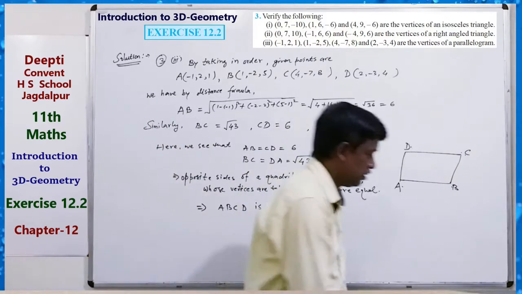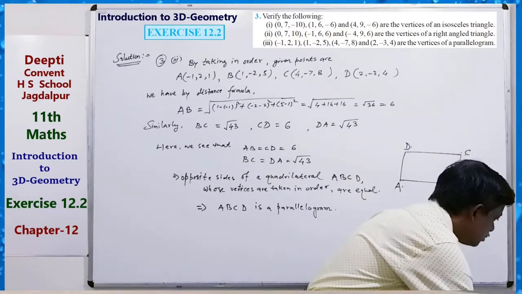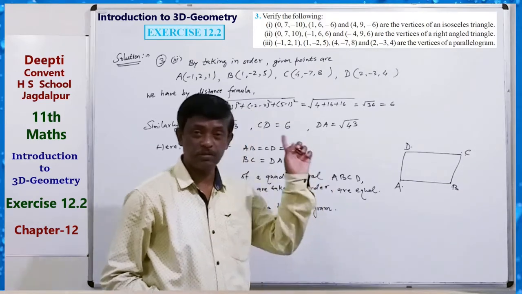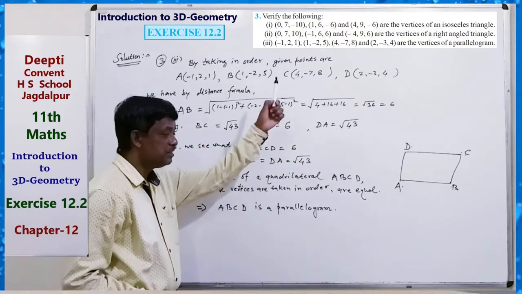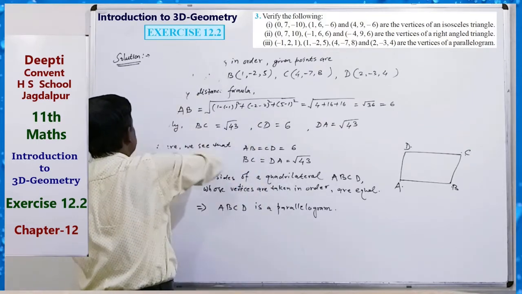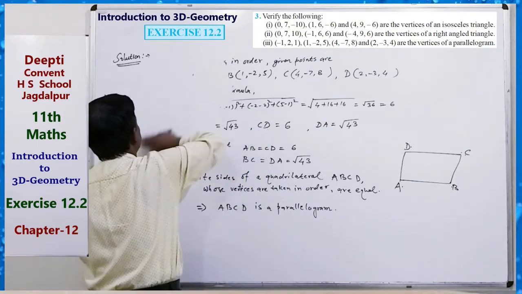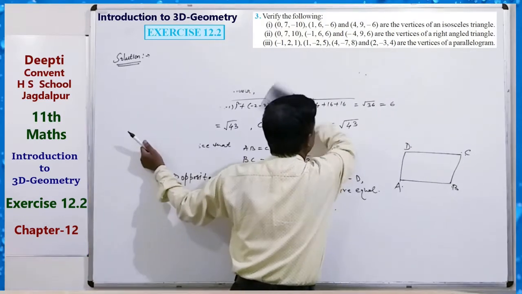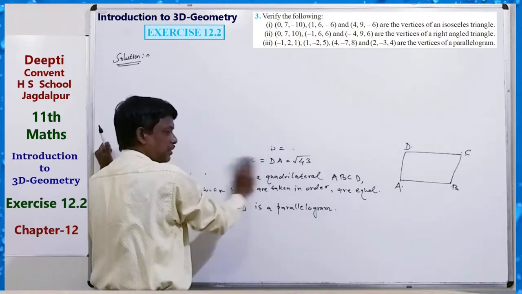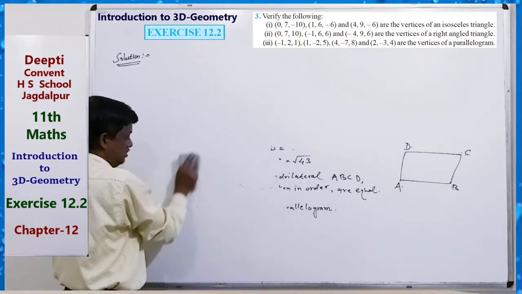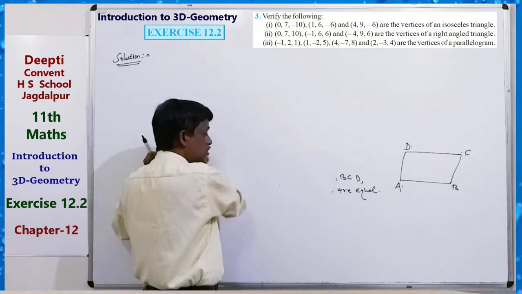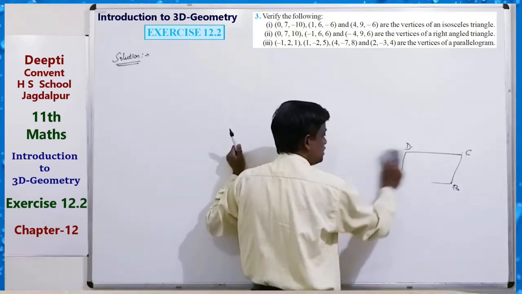Okay, so this is good. Now, question 4. Find the equation of the set of points which are equidistant from 2 points. We have to find the equation that is satisfied by a point.